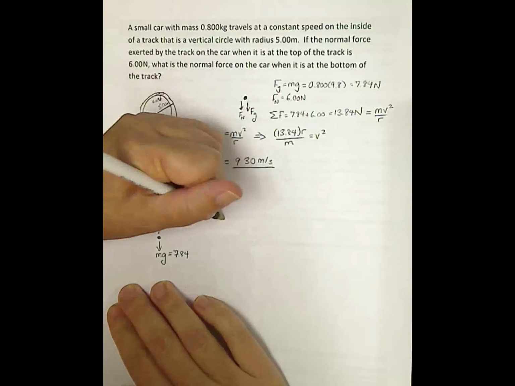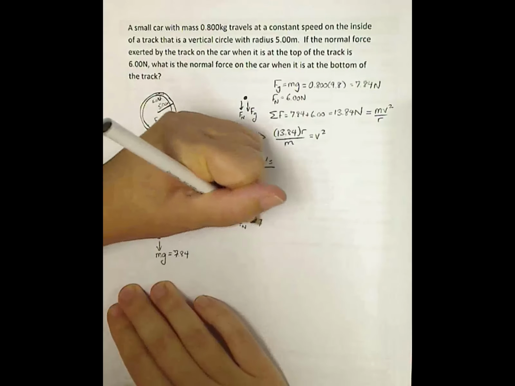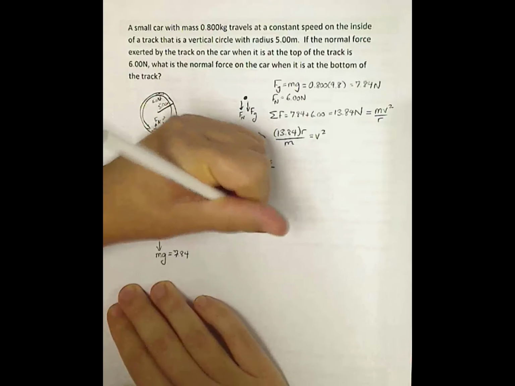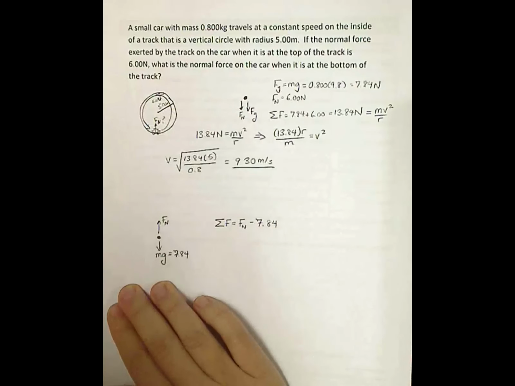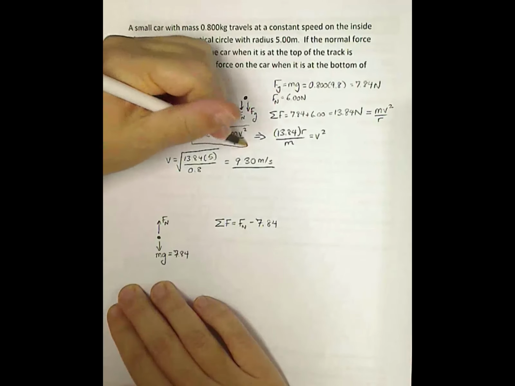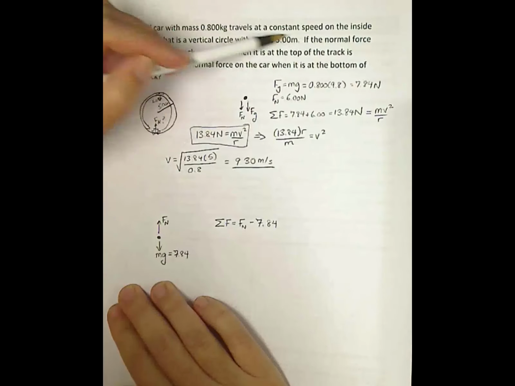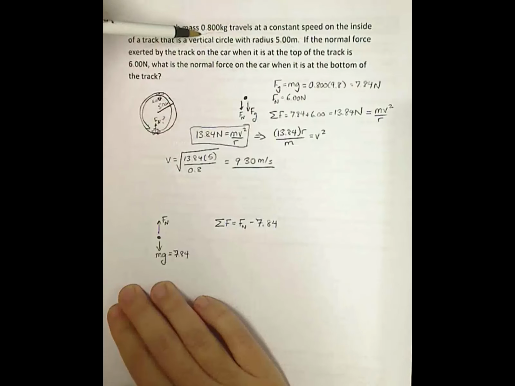So now I've got my total force is equal to my normal force minus 7.84. Okay, and what is that force going to be? Well, it's got to be equal to mv squared over r towards the center. And mv squared over r, that's going to be the same as up at the top because I still have the same speed because I'm told it's a constant speed. I've got the same radius, I've got the same mass.